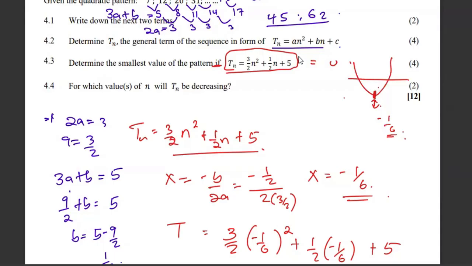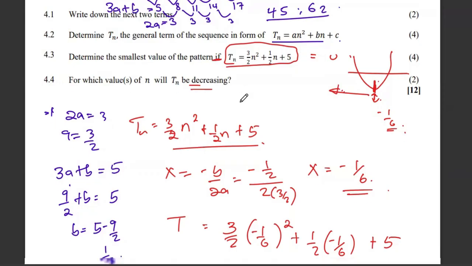And what does that mean? It simply means that if I'm to look for the values for the decreasing part, it is this area from here to basically the left-hand side.